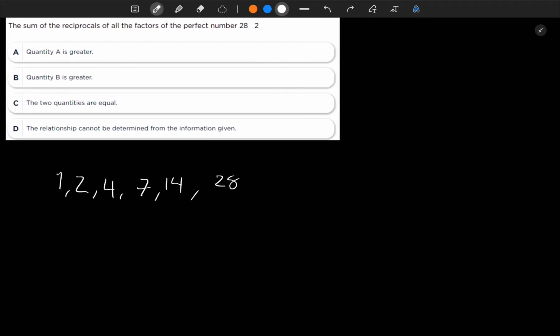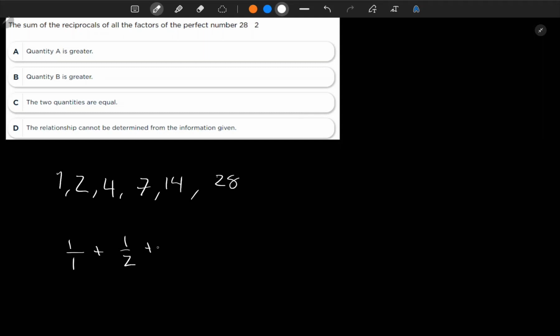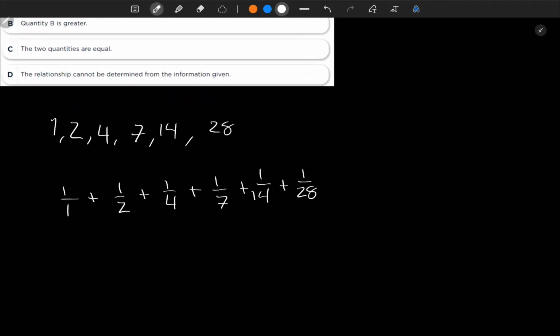That is, we wish to compare 1 divided by 1 plus 1 over 2 plus 1 over 4 plus 1 over 7 plus 1 over 14 plus 1 over 28. We wish to compare this to 2. Well, in order to add all of these together, they all need to have a common denominator.